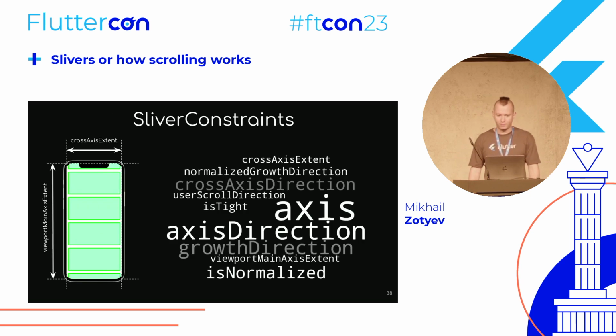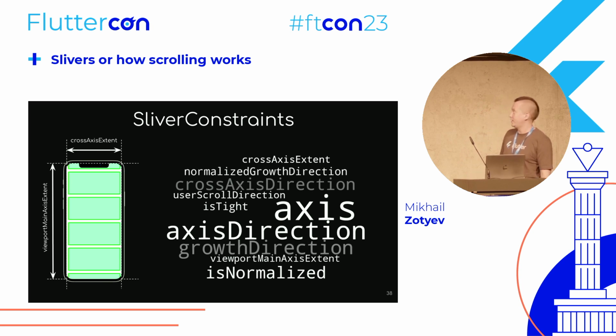Let's go through them. We already talked a lot about the constraints, but we didn't mention it yet. For calculation of the sizes, we have in the constraints every piece of information about the viewport, like directions and so on, and even user interaction, user scroll direction.